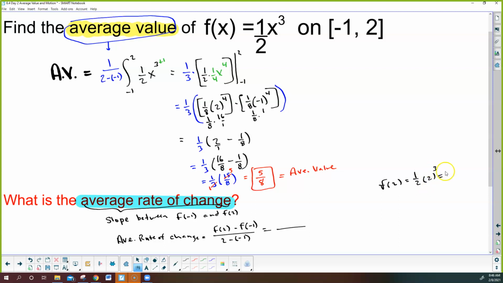Well, 2 to the third power is 8. 8 times 1/2 is 4. So there's f of 2. And then we got to figure out what f of -1 is.